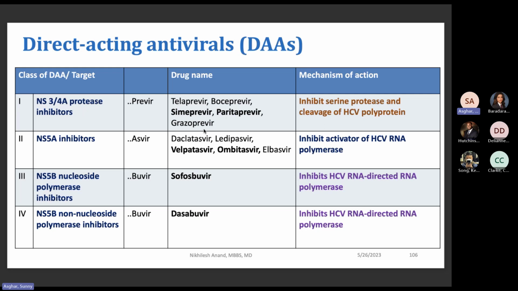You know that Previrs are specific for your 3,4-A protease inhibitors. If you remember that, you can make a good mnemonic or a good correlation for what they're inhibiting, what they are targeting, and so forth.